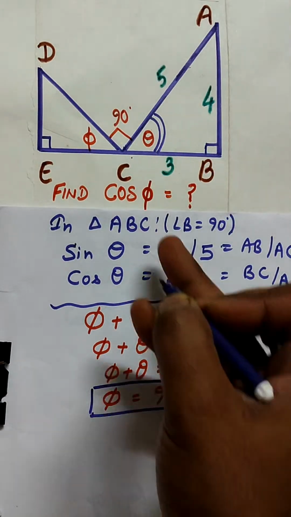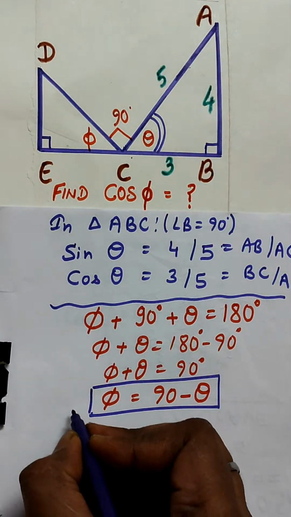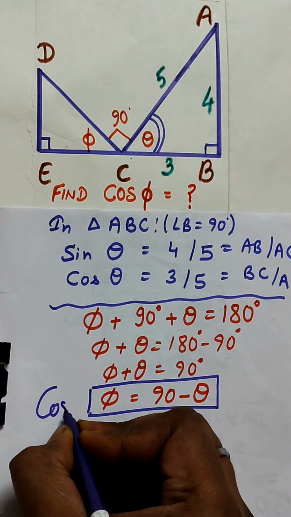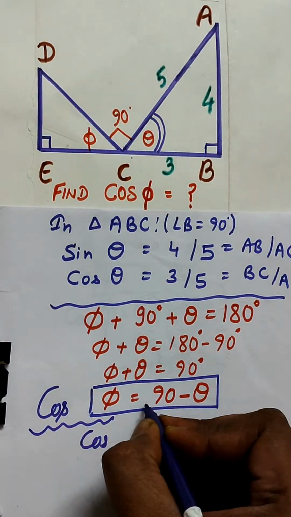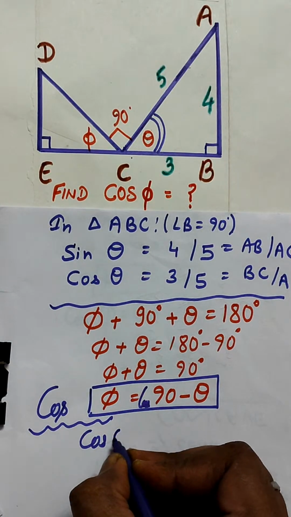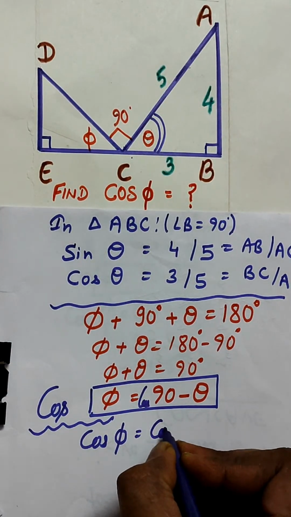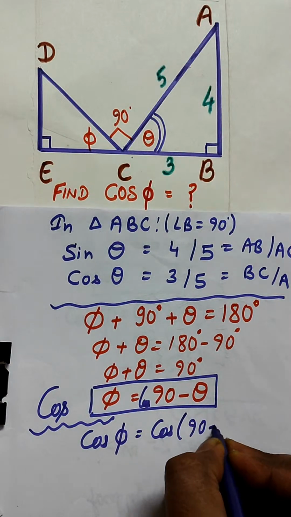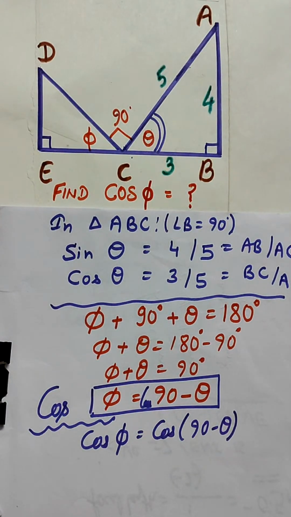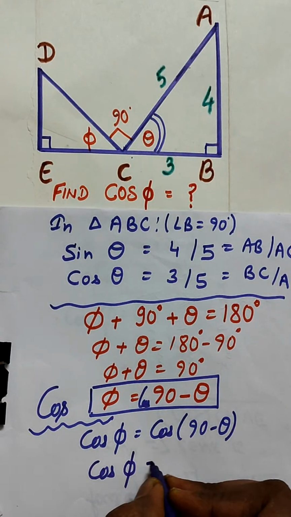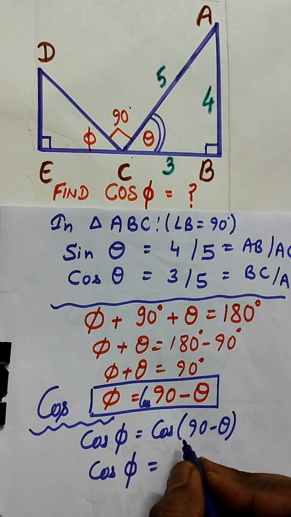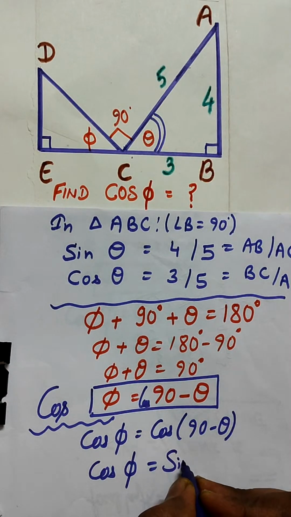Here you have to calculate the value of cos phi, so just apply cos on both sides. Cos phi can be written as cos of 90 minus theta, which is equal to sin theta.